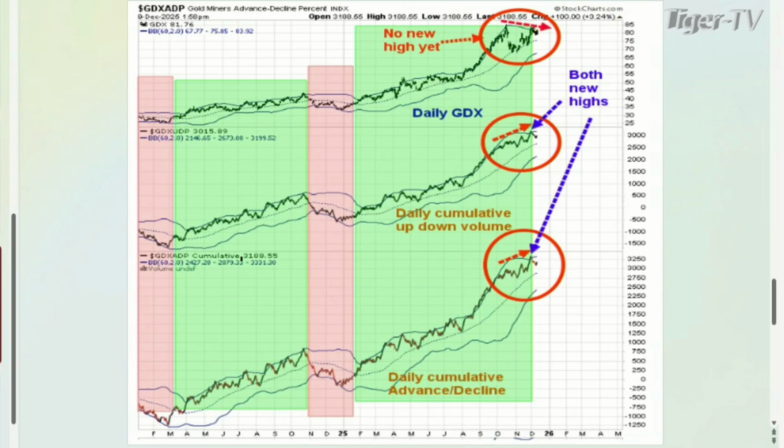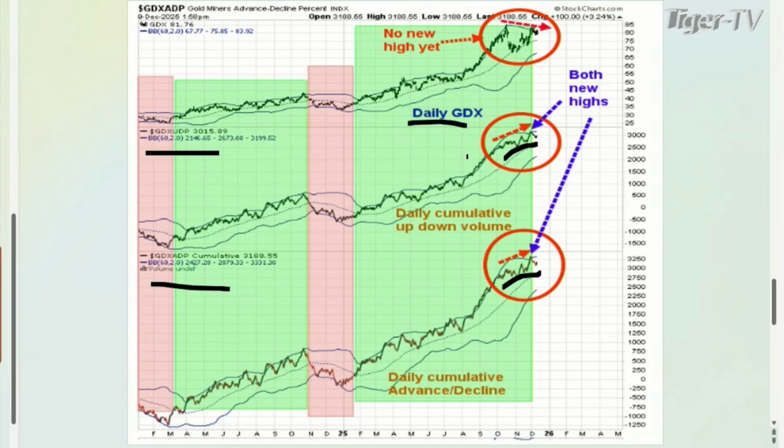The bottom window is the advance-decline cumulative for GDX, the next window higher is the cumulative up-down volume for GDX, and the top window is GDX. Even though GDX hit a high in October, came back down and wiggled back up, both those indicators were still making higher highs and higher lows, suggesting at some point the market's going to make a higher high. So the internals were doing fine.